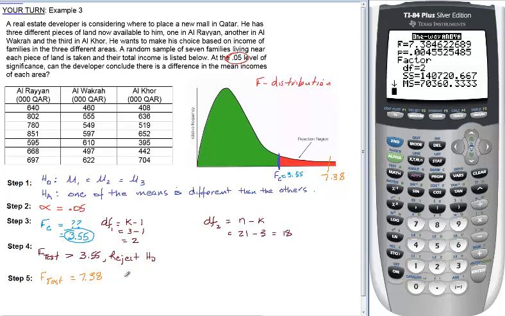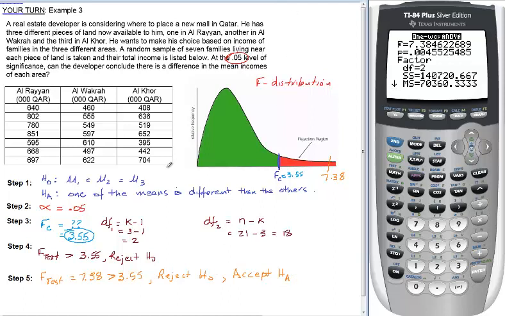So since F test is greater than F critical, which is 3.55, we are going to reject the null hypothesis. Okay? And rejecting the null hypothesis therefore means we accept the alternate hypothesis, which means that one of the means is different.